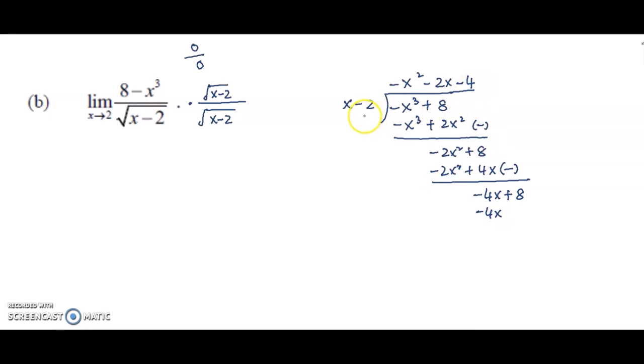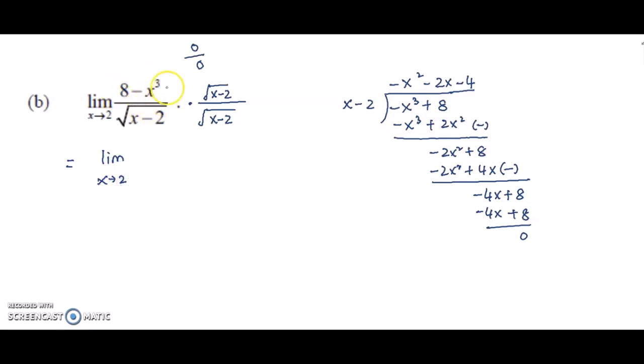And negative 4 multiplied by negative 2, you got positive 8. And of course, you will get the remainder 0, because x minus 2 is a factor of this polynomial. So now you can see that you got a quotient of negative x squared, negative 2x, minus 4. Meaning that the quotient multiplied by this divisor will get back your polynomial. Then you can write it here.